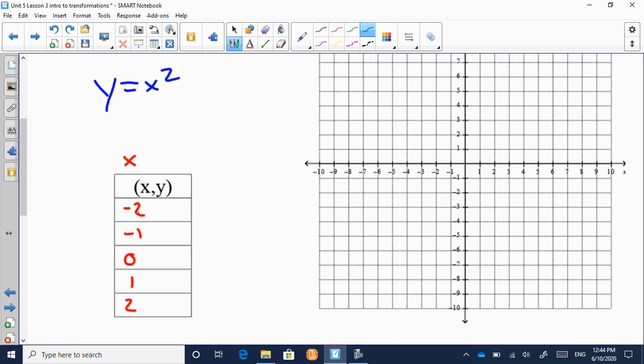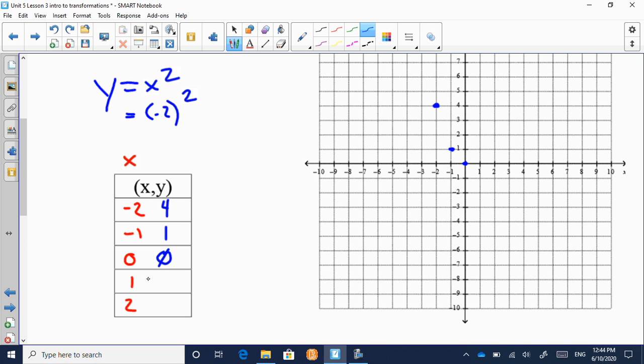So if I took -2 and put it into that parabola, -2 squared, well, a negative times negative is a positive, so you'd get a +4. So watch this, -2 and 4 is on that parabola. How about -1? If I put -1 in there and squared it, it would be 1. So -1 and 1 is on that parabola. 0 and 0, so there's the vertex of it.